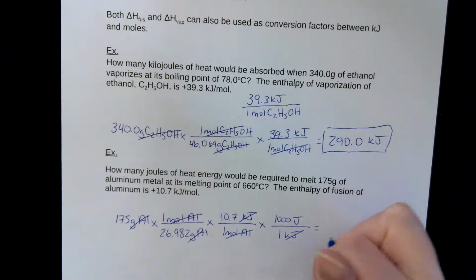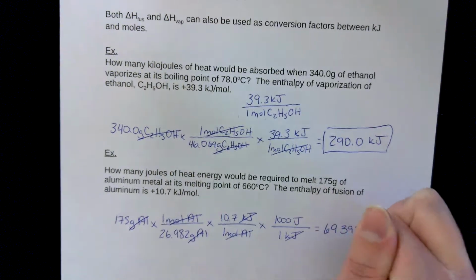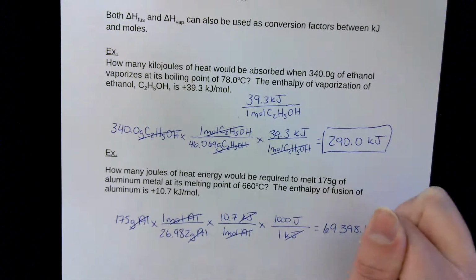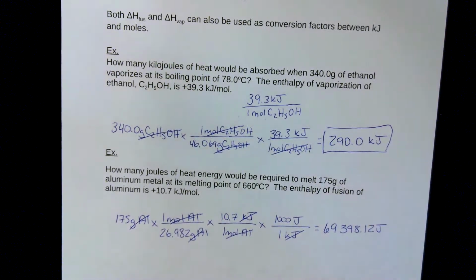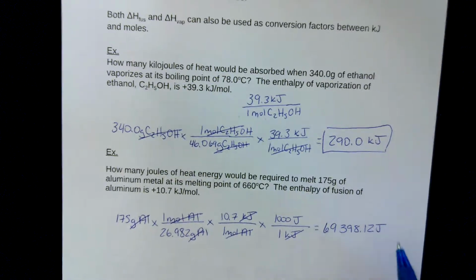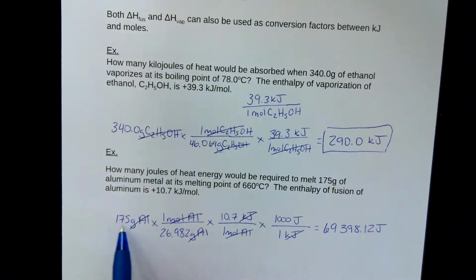So mathematically, I get this value. So 69,398.12 with a couple more decimal places after it, joules. But remember, I need 3 significant figures. So I have 2 choices.